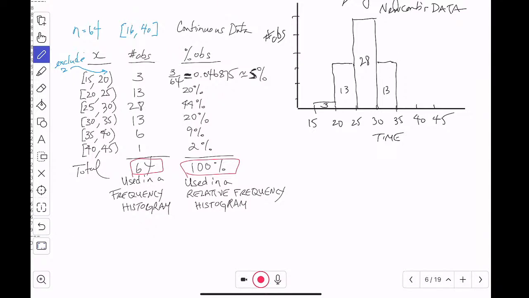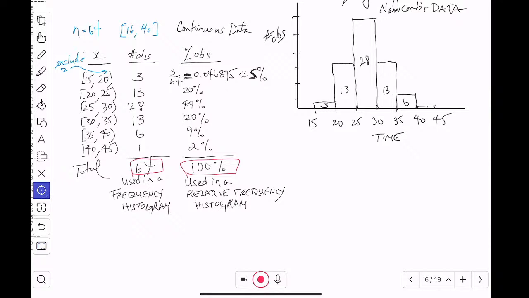And then the next one is 6. And the next one is 1. Okay, so that is a recreation of the distribution that we saw.